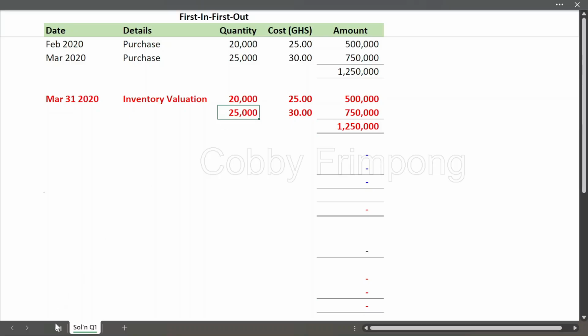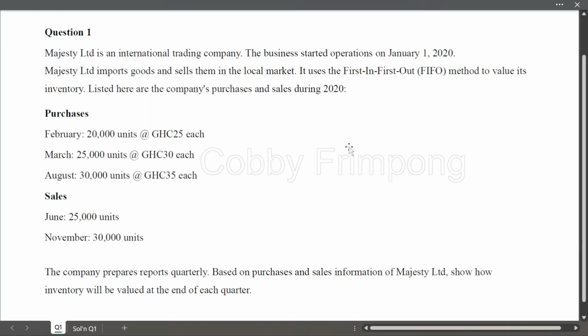Now we move on to the next quarter, which is June 2020. And in June, we had a sales transaction of 25,000 units. Mind you, we weren't given the cost at which the sales were made.